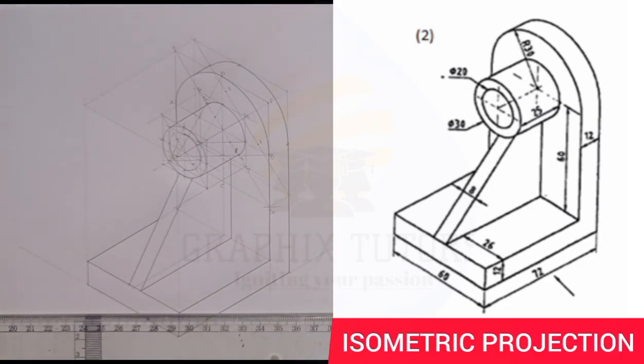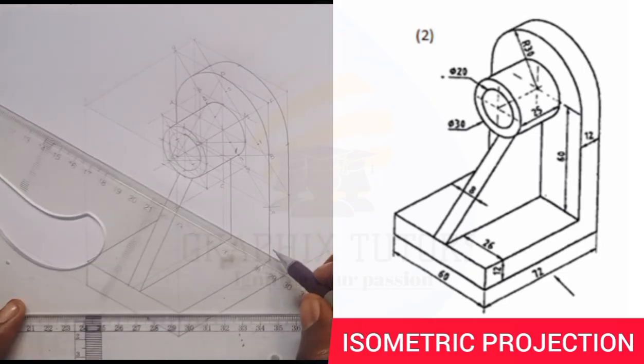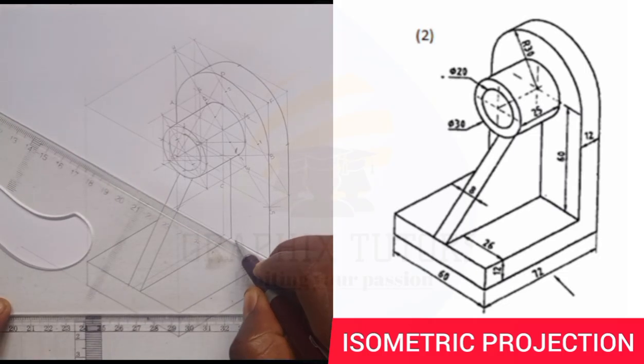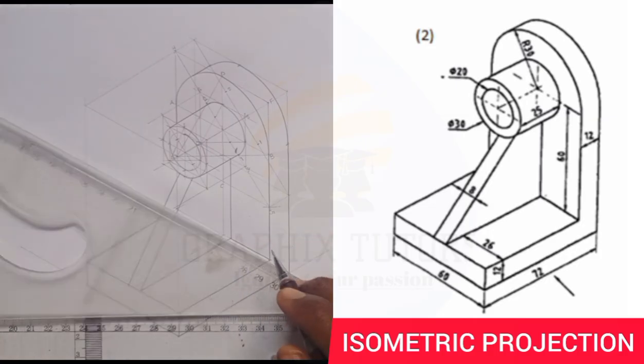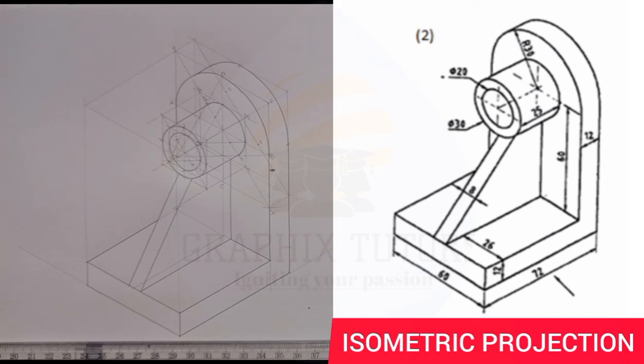Then from this point to here, and drag it to come here. Can you see what we have accomplished? So we have successfully reproduced the figure that you see on the screen.